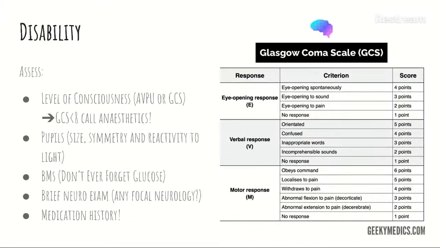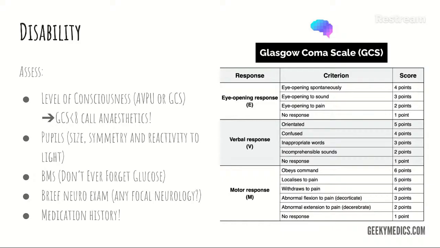If your pupils are different sizes, then you might be thinking there's raised intracranial pressure due to a bleed, stroke, anything really that can cause that, so you want to be ruling that out as well. And for reactivity to light, if the response is sluggish, it might mean they're coning or they're about to arrest.